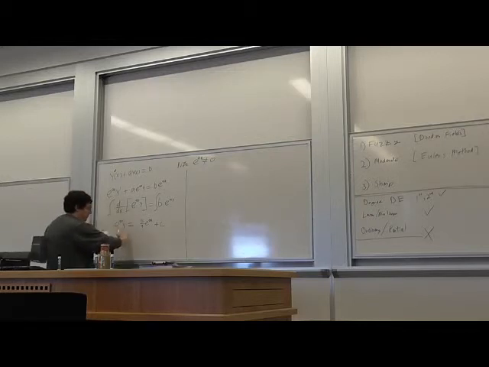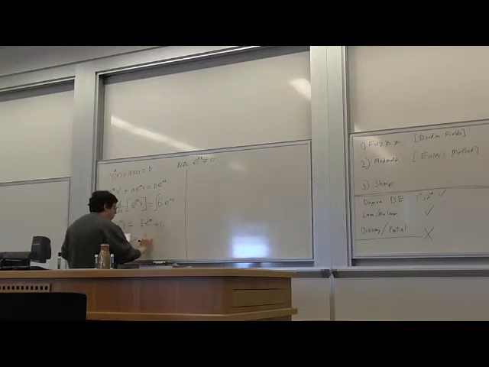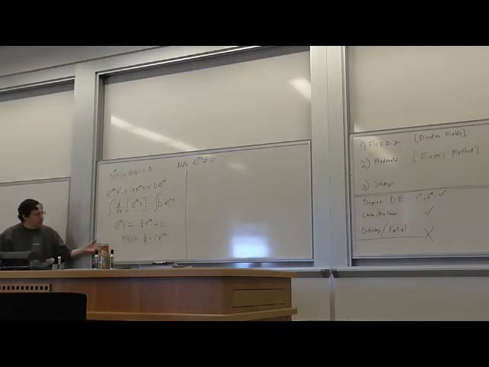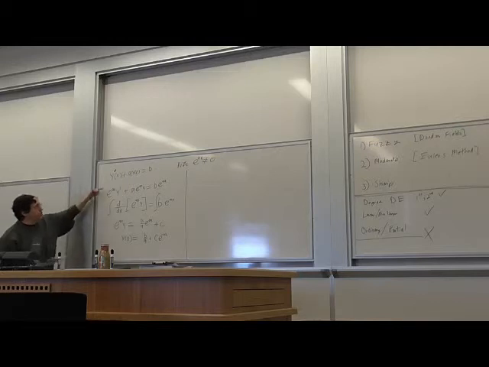And then, again, by multiplying through by e to the minus ax, I'm going to get y of x equals b over a plus c e to the minus ax. So that's, again, a general solution for this slightly more complex equation.